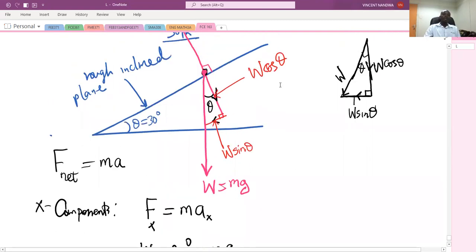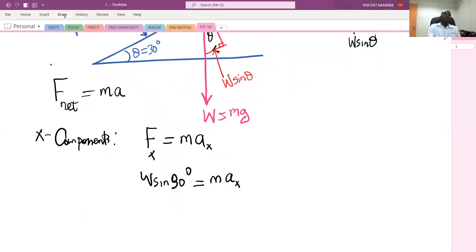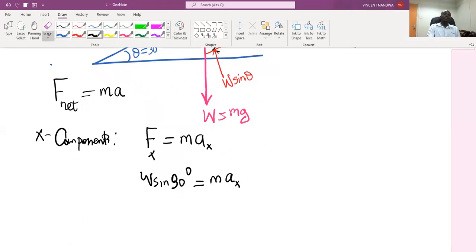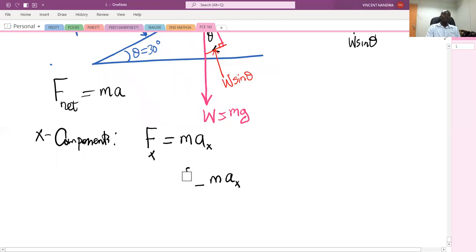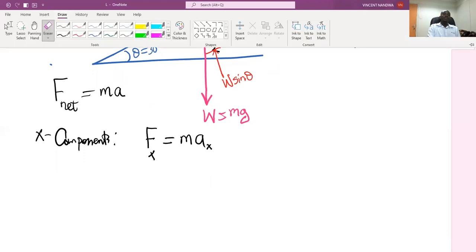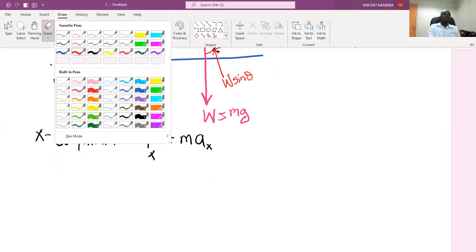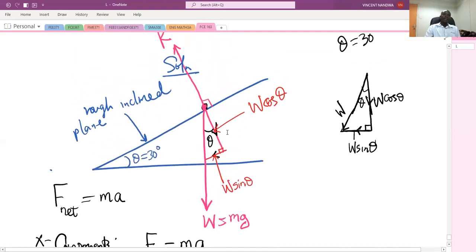But that's not the only force because we've been told that we have a rough surface. So this is not true. That's not the only horizontal component. So we need to show that because this object is going down, then we'll have a frictional force which opposes the motion.